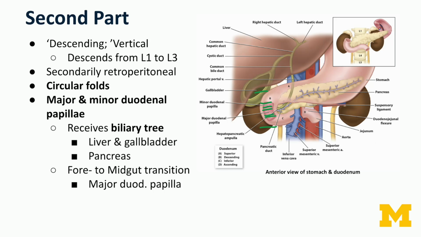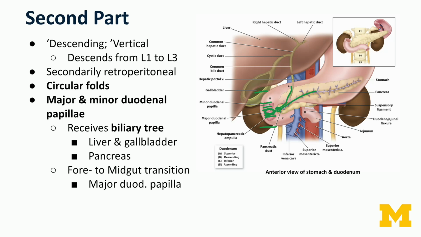It's also in this second part of the duodenum that we have the duodenal papillae. So there is a major duodenal papilla, which receives the hepatopancreatic ampulla. So we have both bile from the biliary pathway and pancreatic juice from the pancreas secreted there, which is the transition between foregut and midgut.